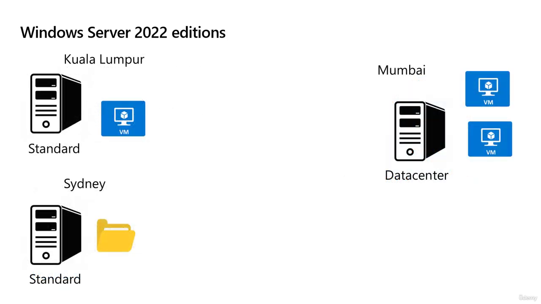A few more facts that we want to add. As we just said, you have unlimited virtual licenses for the Data Center Edition. You have 2 of those licenses with the Standard Edition. But where it gets interesting, the Data Center costs 7 times as much as the Standard Edition.